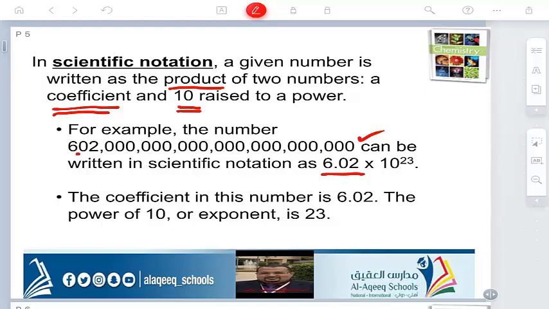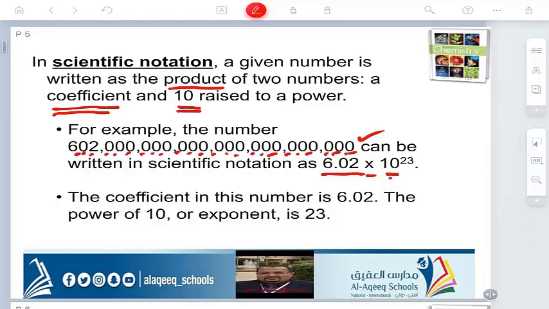Then times 10 to the power of, and you have to count the places or digits beside the decimal: 1, 2, 3, 4, 5, 6, 7, 8, 9, 10, 11, 12, 13, 14, 15, 16, 17, 18, 19, 20, 21, 22, and 23 after the decimal.